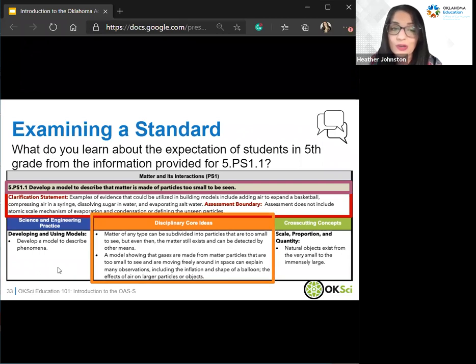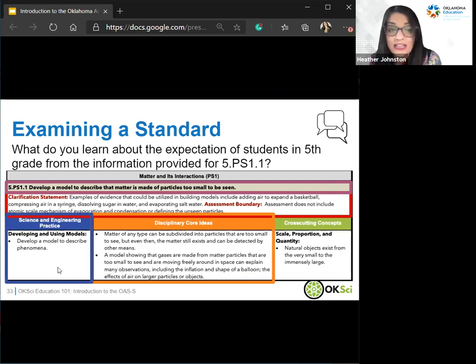The disciplinary core ideas here in the center would be specific content that students would need to learn that would support them in doing that performance expectation. As Julie mentioned earlier, they would need to be able to develop a model. Again, this supports that performance expectation.